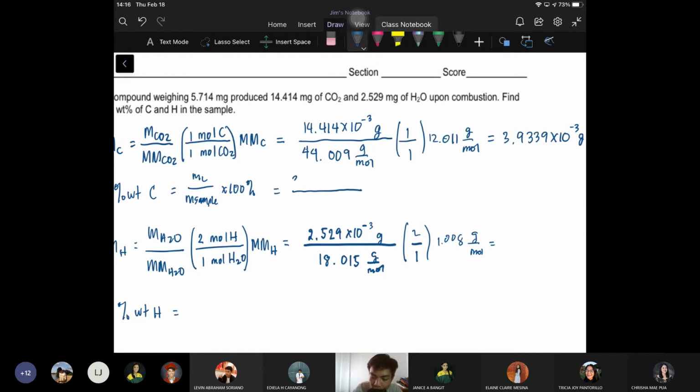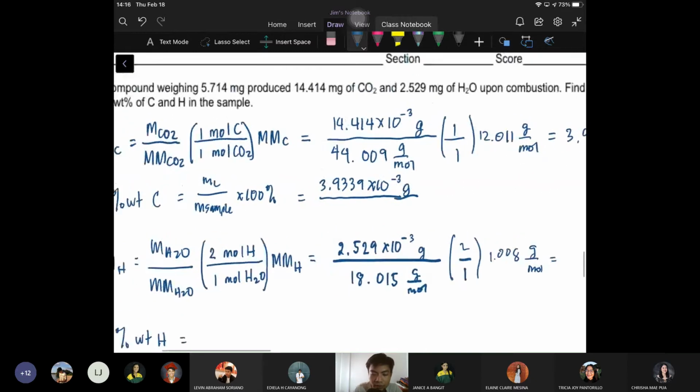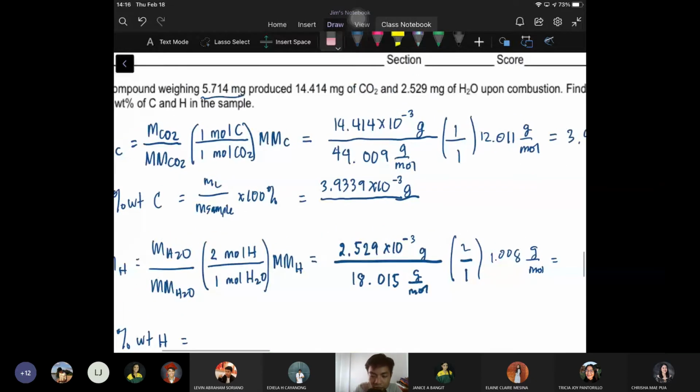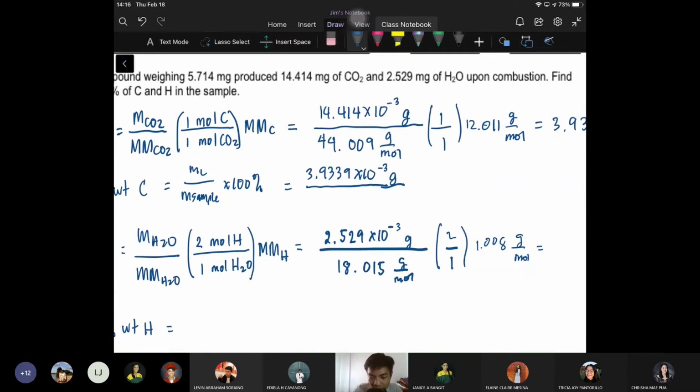Okay, so that will be 3.9339 times 10 raised to negative 3 grams. What's your mass of sample? Ito yan, 5.714 milligrams nga lang. Convert mo yan into grams. Okay, so add lang mo yung times 10 raised to negative 3. Then times 100.